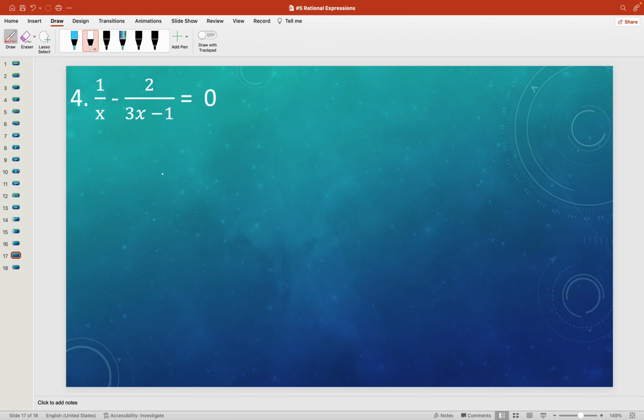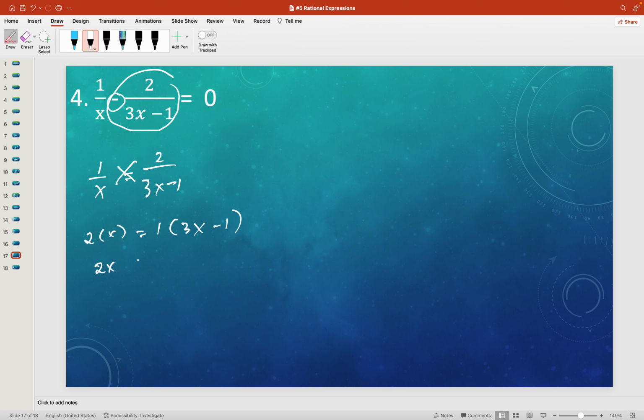And after that, we have this one: 1 over x minus 2 all over 3x minus 1. To answer this one, we transpose it to the other side. So we have 1 over x is equal to, from negative it becomes positive, 2 over 3x minus 1. After that, proceed to cross multiplication. So 2 times x is equal to 1 times 3x minus 1.